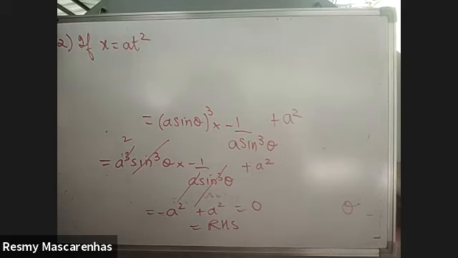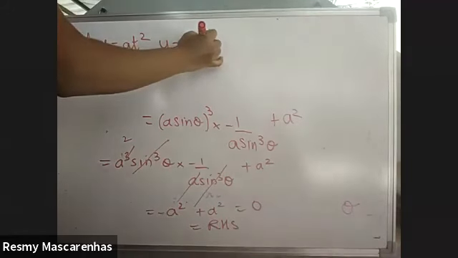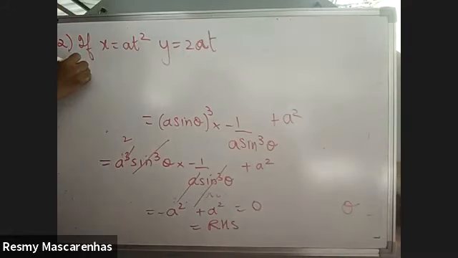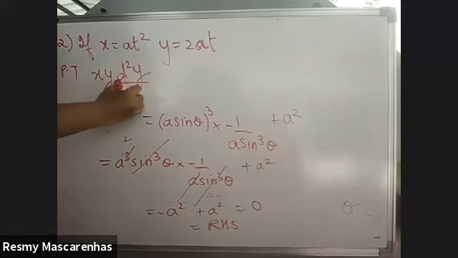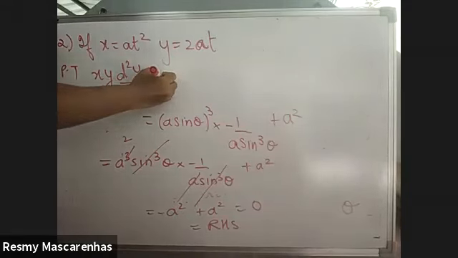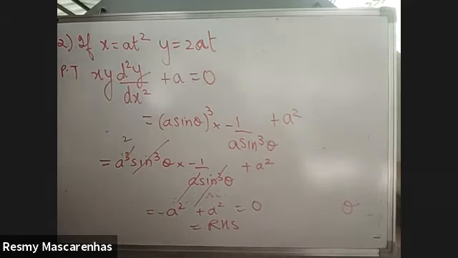If x is equal to at square, y is equal to 2at, prove that d square y upon dx square plus a is equal to 0.